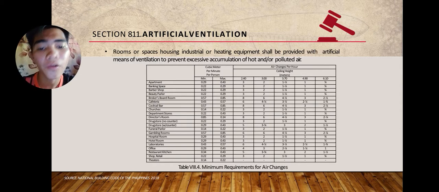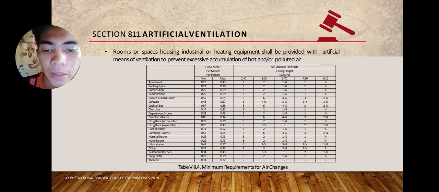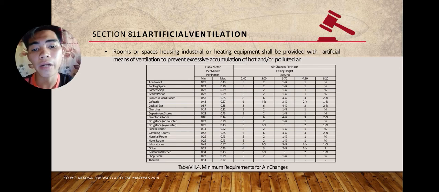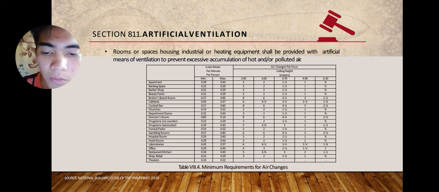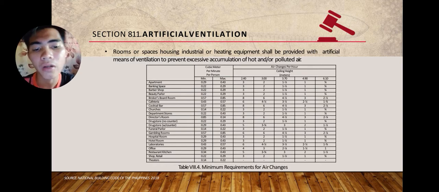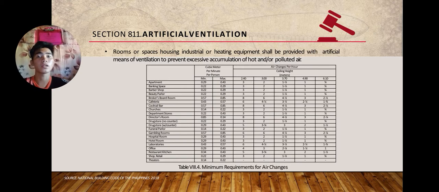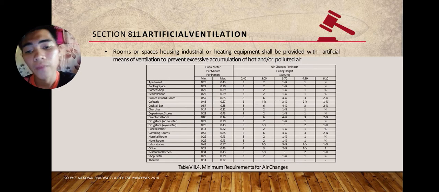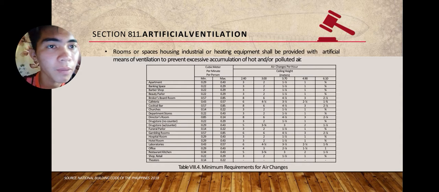So for rooms, nag-require sila nga above grade and used for office, clinical or administrative purposes, or as storage, sales room, restaurants, markets, factories, workshops, or machinery rooms, not less than 3 changes of air per hour shall be provided. So kailangan sila mag-change sa air katulo sa oras.